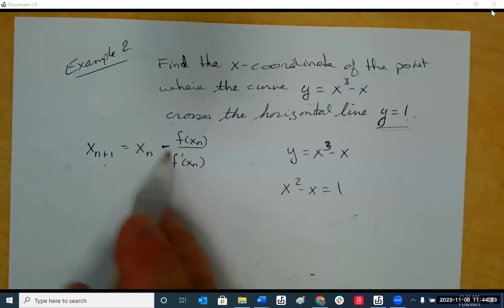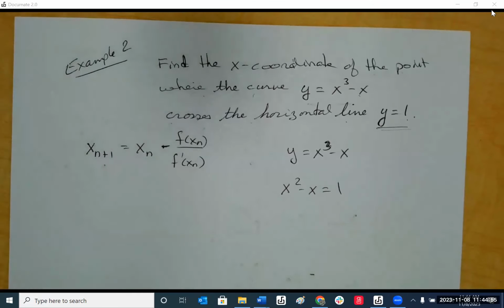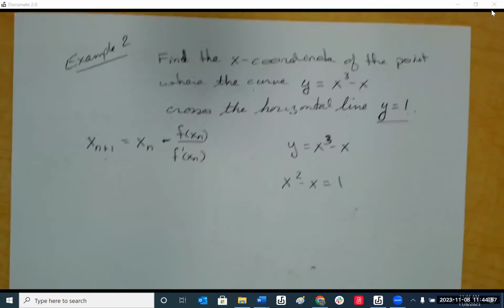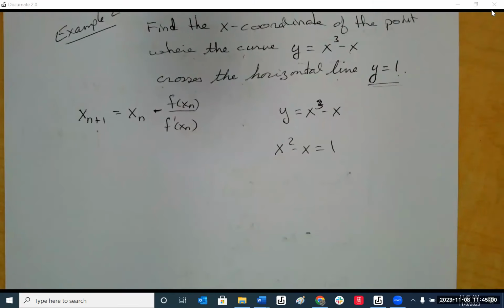But in order to use this formula, we still have to find the derivative and stuff.